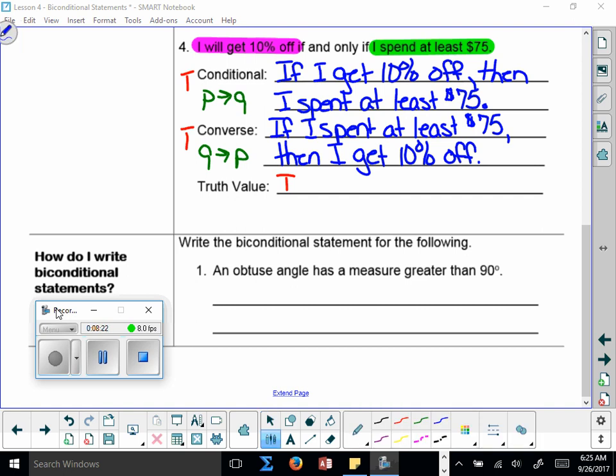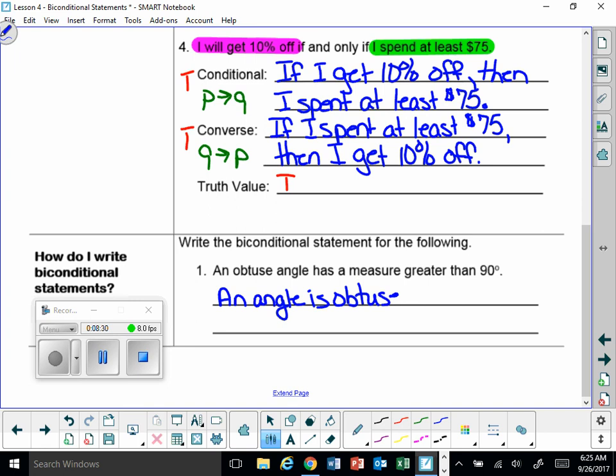So an angle is obtuse if and only if it measures more than 90 degrees.